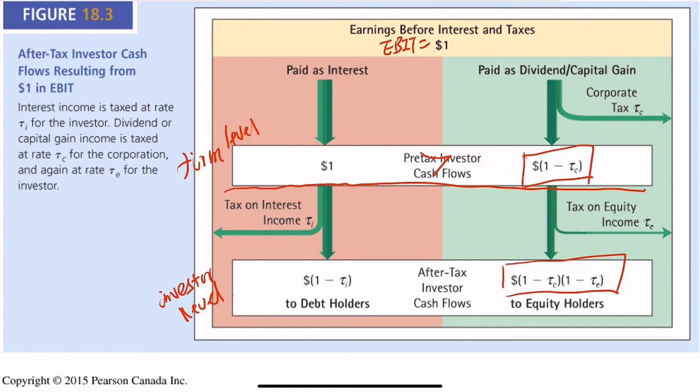That is, this TI is larger than this TE, right? So this larger tax on interest income can pretty much reduce the benefit of the interest tax shield, right?